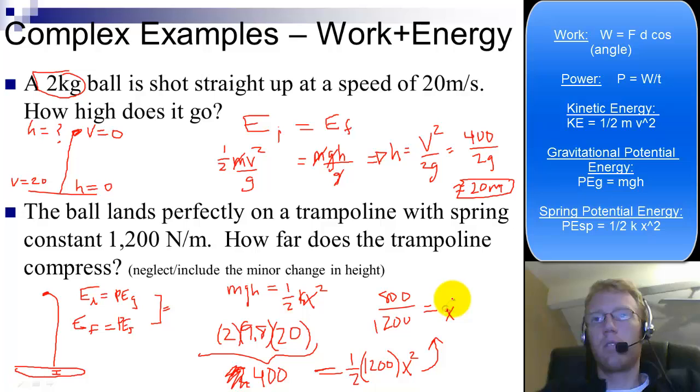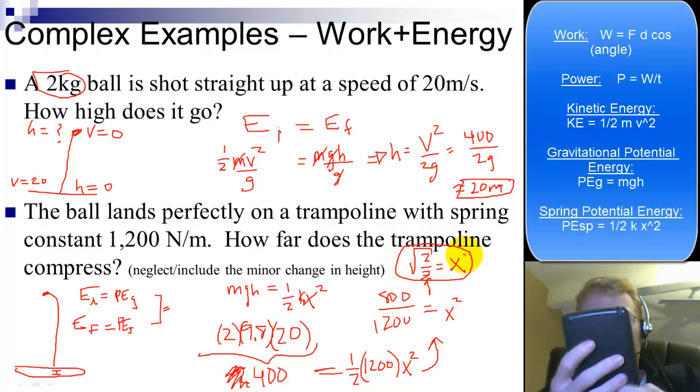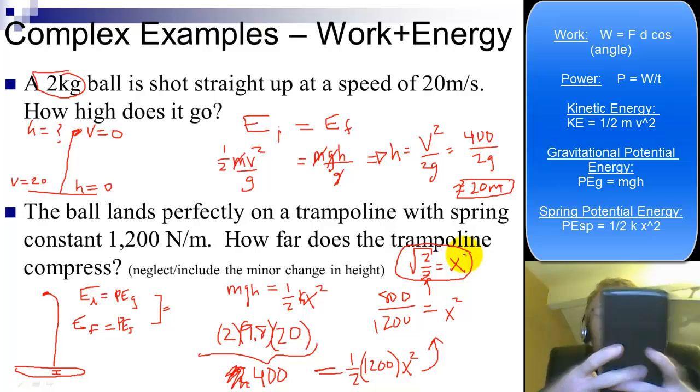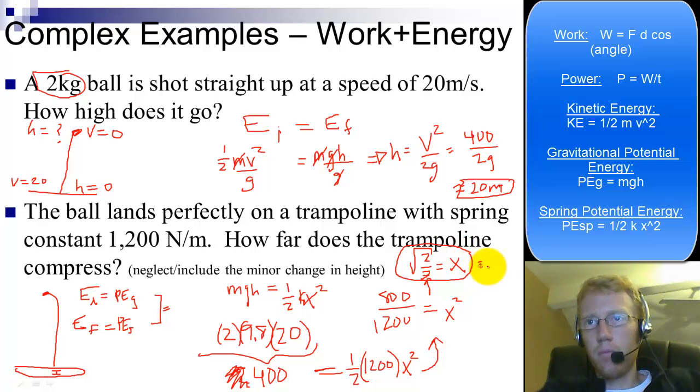And that equals x squared. And, okay, 8 over 12 is 2/3. Take the square root of that, and you get the square root of 2/3 as your distance that this will stretch. The square root of 2/3 is, wait for it, 2/3 to the 0.5 power, 0.82.